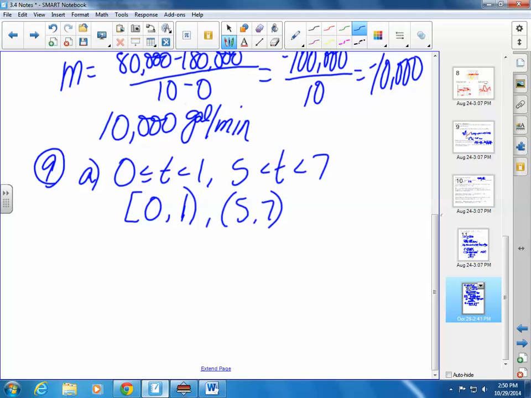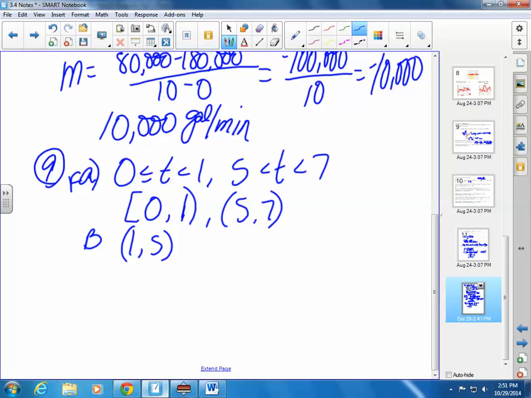When does it move backwards? This is the next question. 1 to 5. Okay. This is forward, this is backward. Okay.